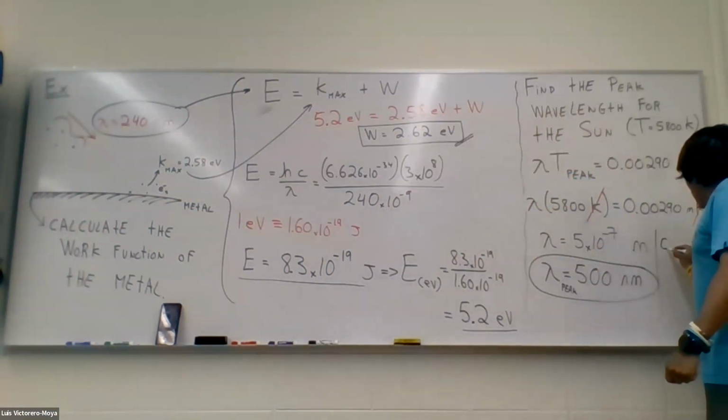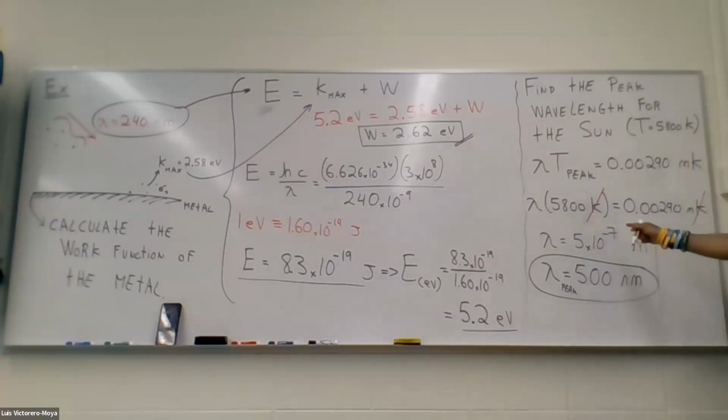But if they were asking you for either of those, remember that if you have wavelengths, c equals lambda f. So the frequency will be c over lambda. So that will be 0.6 times 10 to the 15.